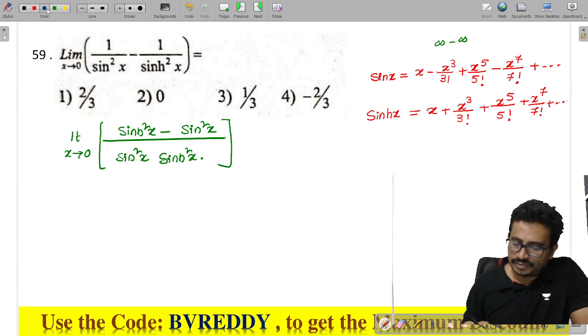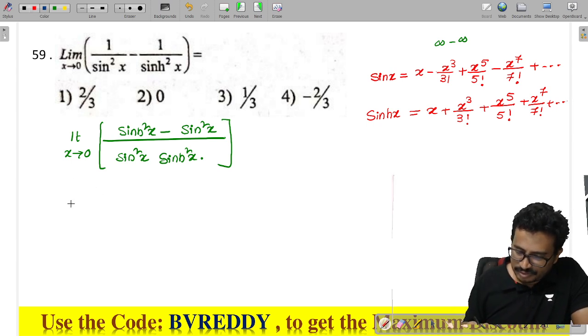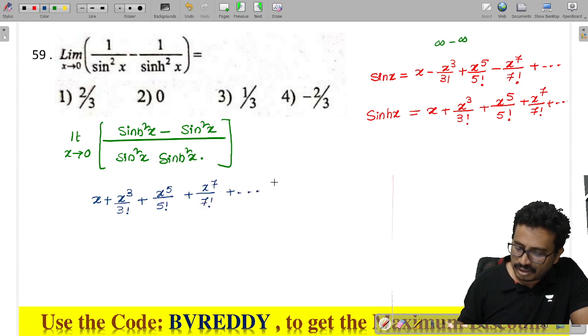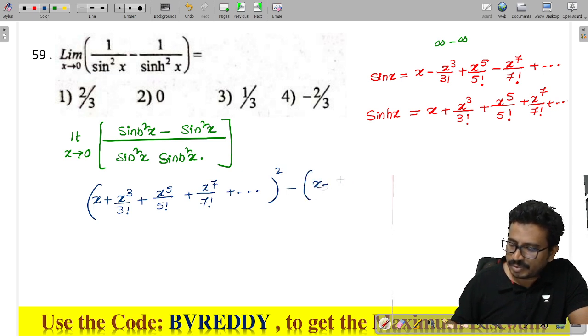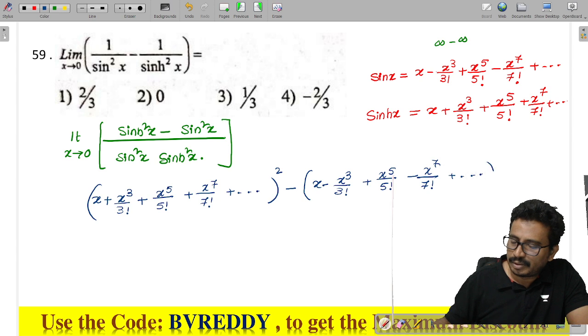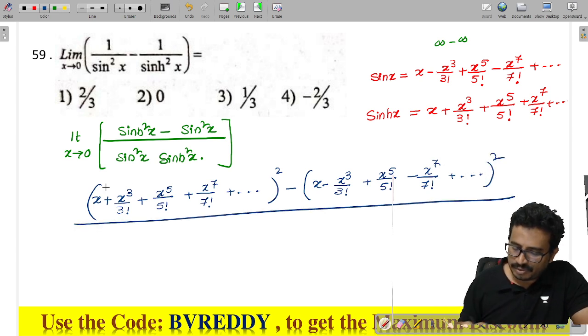Now can I substitute these values here? Limit x tends to 0, so sinh square x becomes x plus x cube by 3 factorial plus x power 5 by 5 factorial plus x power 7 by 7 factorial, like this will continue, whole square, minus x minus x cube by 3 factorial plus x power 5 by 5 factorial minus x power 7 by 7 factorial, whole square, by the denominator, you can see.